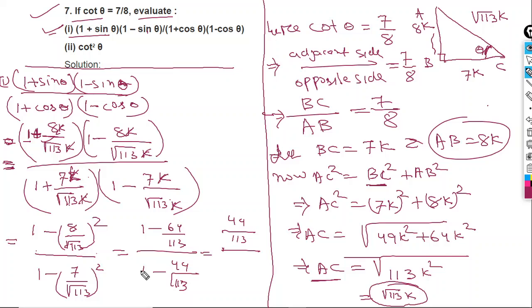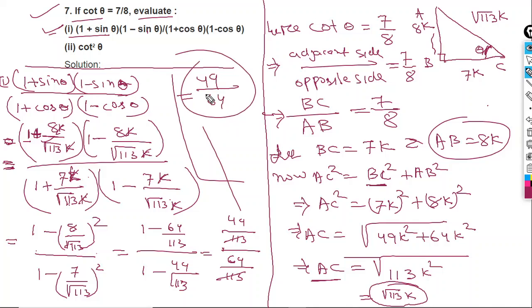So 113 minus 49 will be 64 by 113. Now 113 and 113 will be cancelled out. The answer will be equal to 49 divided by 64. Okay, so this will be your answer, 49 by 64 for I.